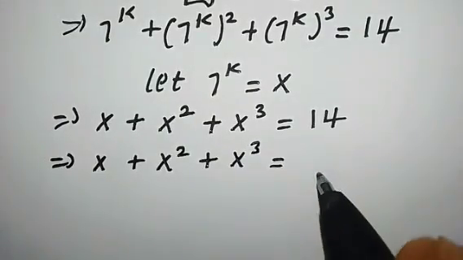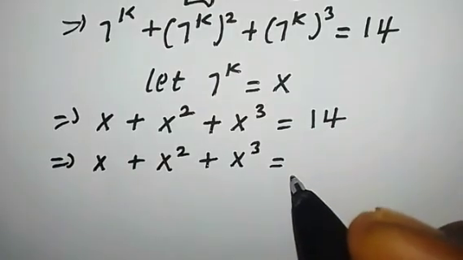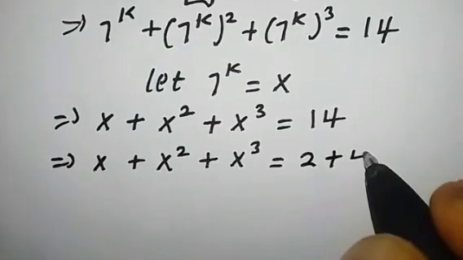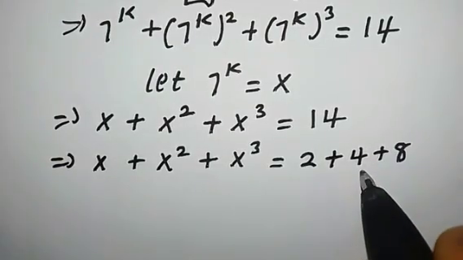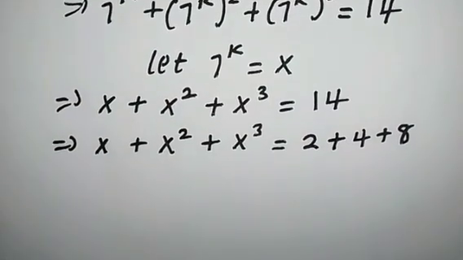Now, let us focus our attention on 14. 14 could be written as 2 plus 4 plus 8, because 2 plus 4 is 6, 6 plus 8 gives 14. Let's continue.